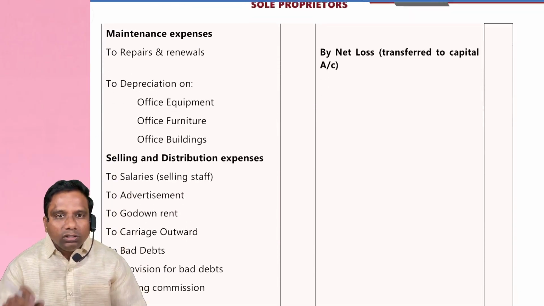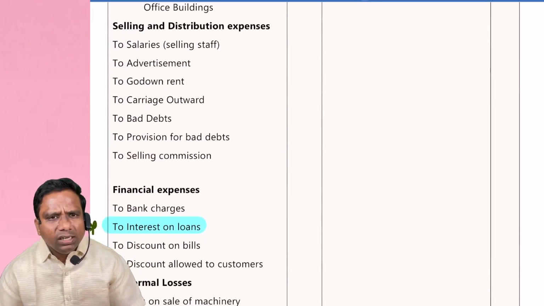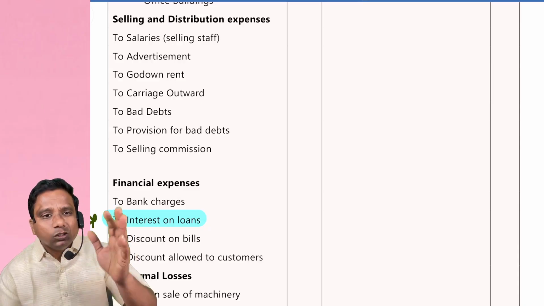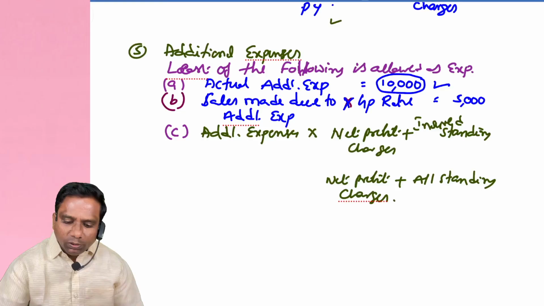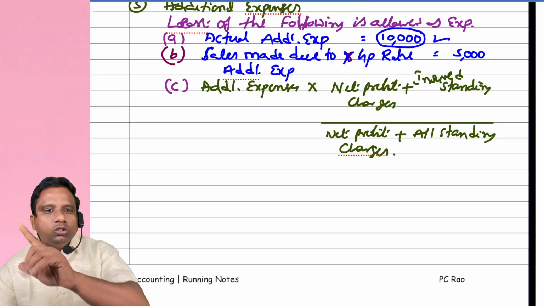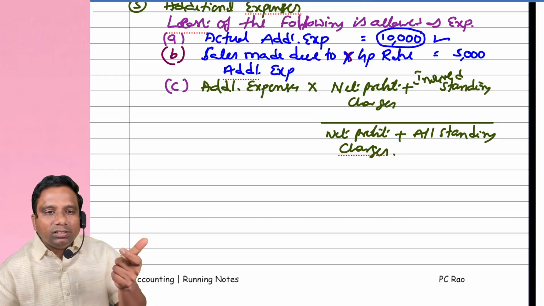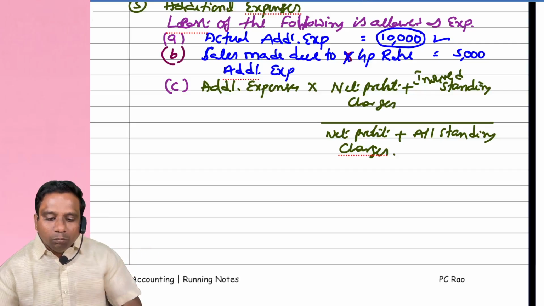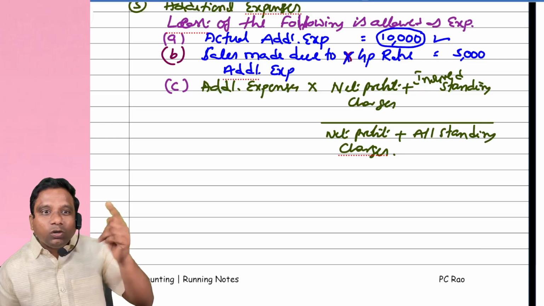Our P&L account contains so many expenses. So here they are giving net profit plus insured standing charges. Previous year, how much expenses you insured? But previous year, what is your total expenses?